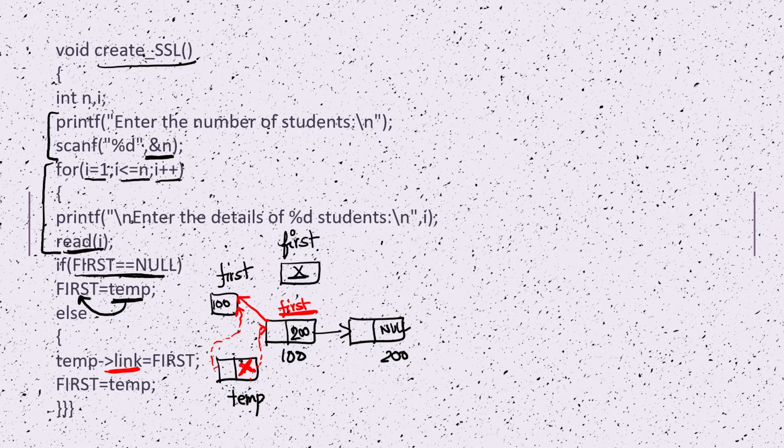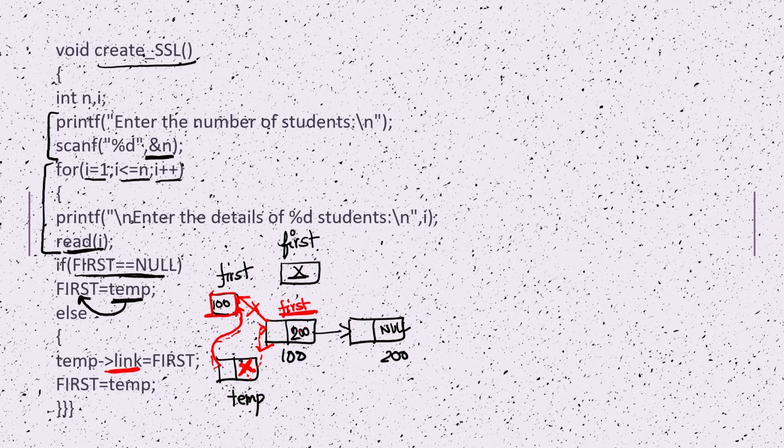Now what you have to do is make the temp node point to the first. That means we are talking about this line. Temp's next will contain first, and wherever the first was pointing, this line will break, and now the first should be containing the address of the temp.